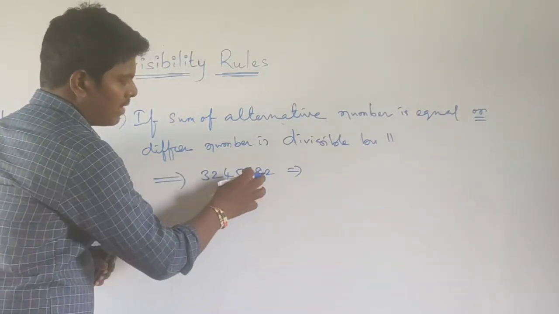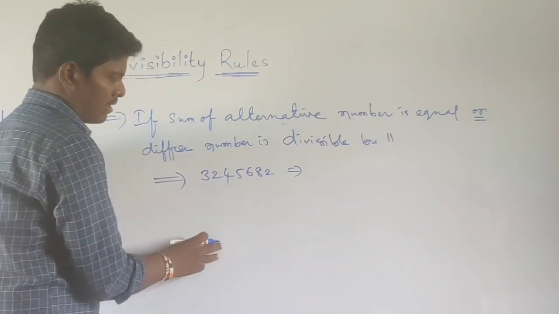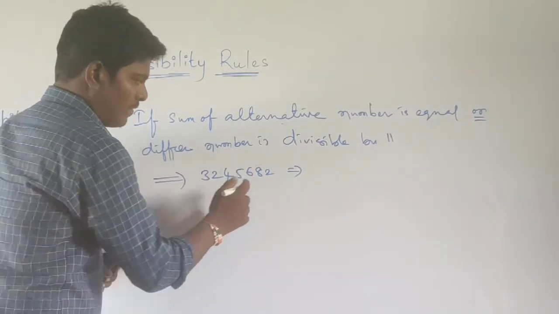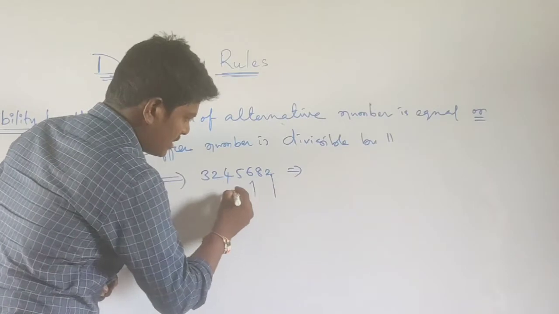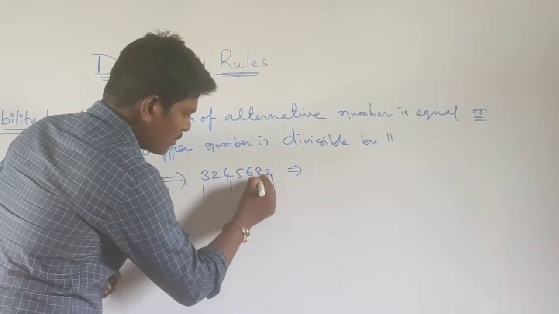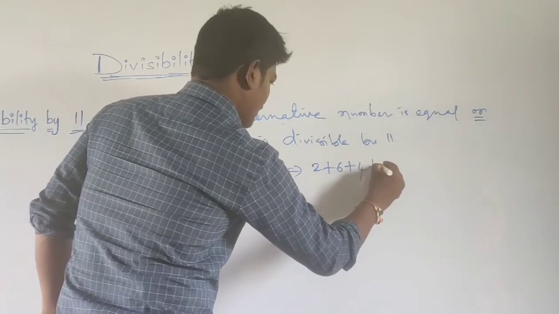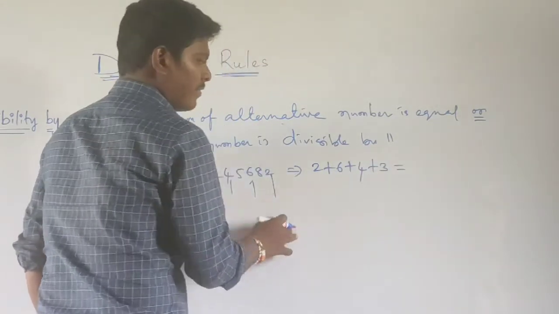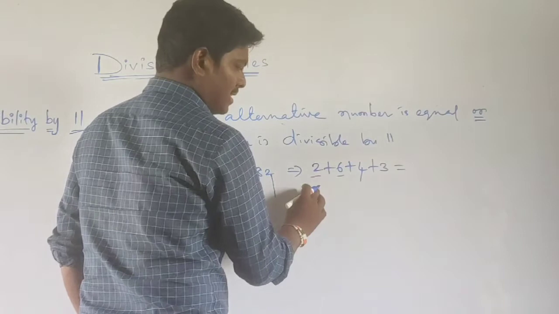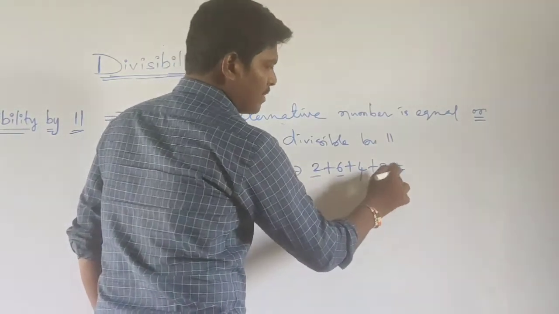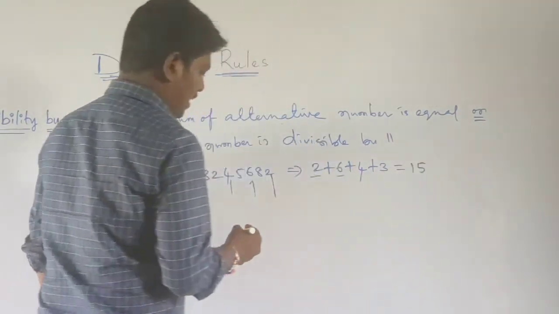We need to find out whether the number is divisible by 11 or not. We take the alternative numbers. 2 plus 6 plus 4 plus 3: 2 plus 6 is 8, 8 plus 4 is 12, 12 plus 3 is 15.